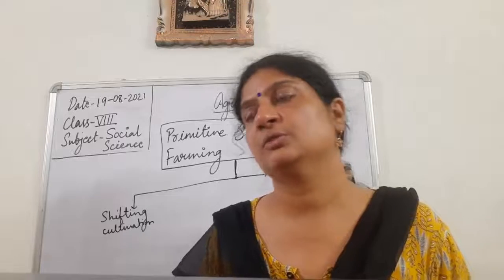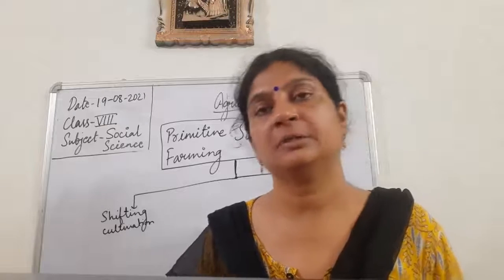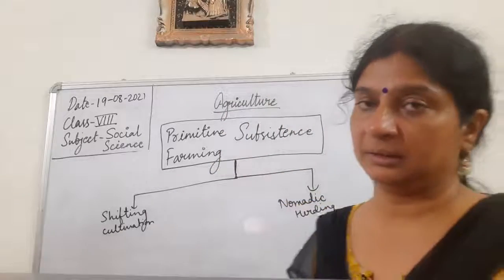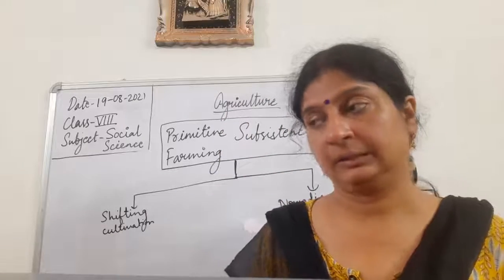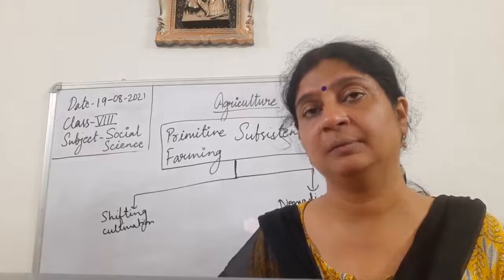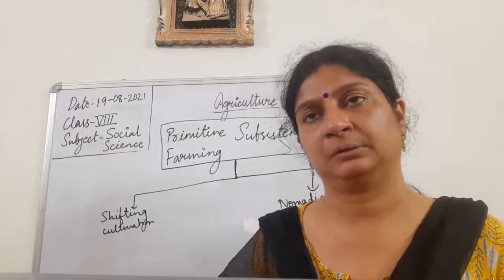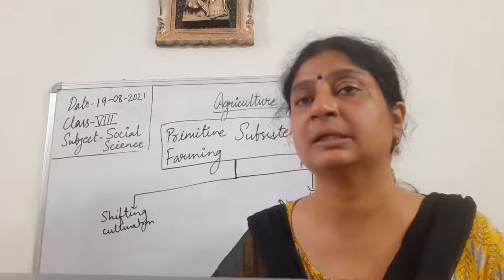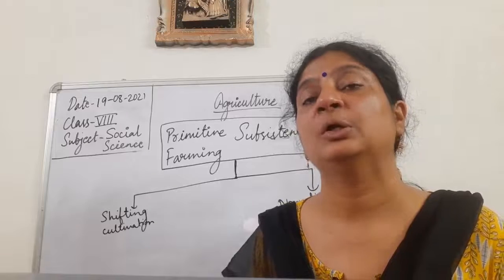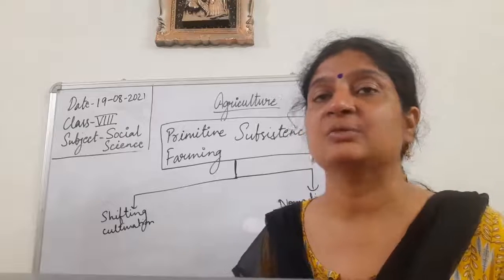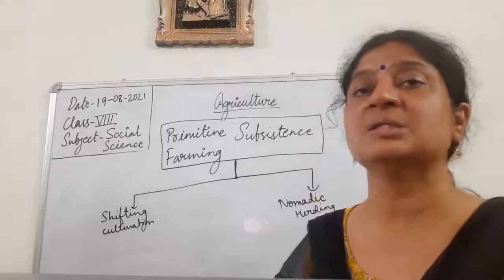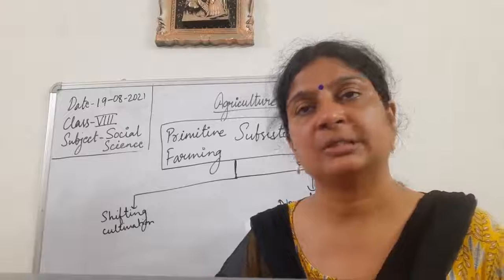So first of all, we find that shifting cultivation is done in thickly forested areas. In this world there are many thickly forested areas, like the forested areas of the Amazon basin, tropical Africa, parts of Southeast Asia and Northeast India. These are the places where shifting cultivation is practiced.